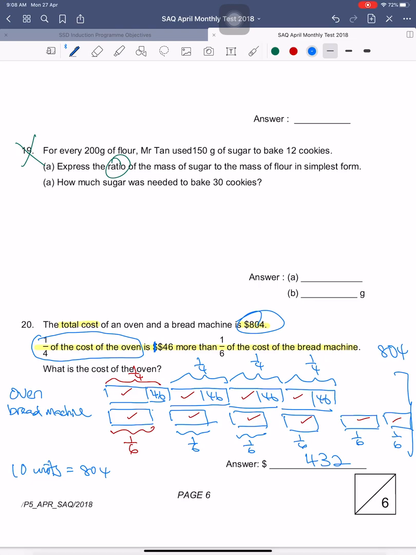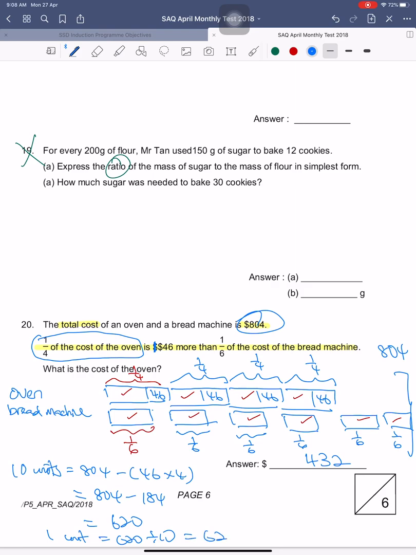If I want to find out what my 10 units are, I need to minus off my 46 times 4, because I don't want it. Alright, so 804 minus 46 times 4, which is 184, will be 620. Alright, so 1 unit will be 620 divided by 10, that is 62.